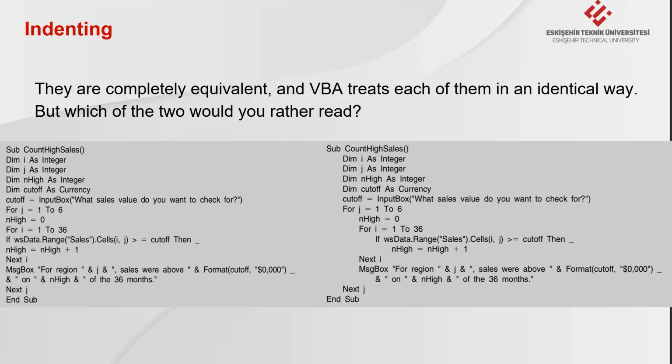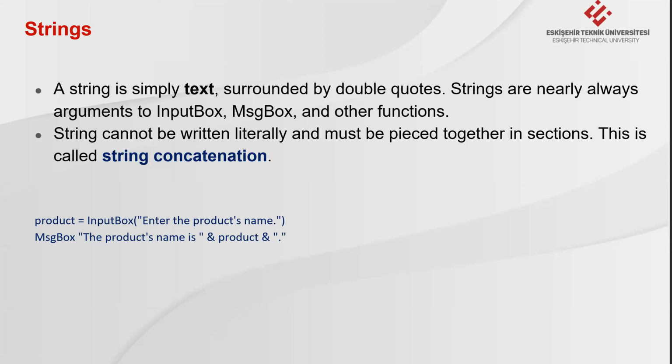You already know strings, but in Visual Basic a string is still simple text surrounded by double quotes. Strings are nearly always arguments to the input box, message box, and many other functions. Sometimes a string cannot be written literally and must be pieced together in sections. This is called string concatenation.